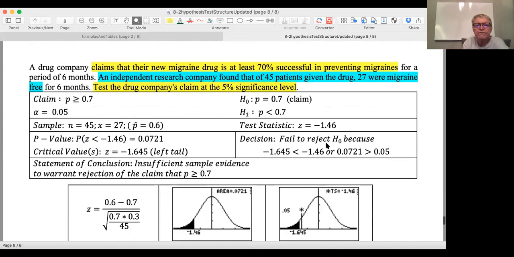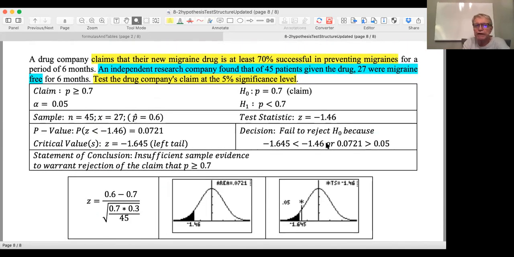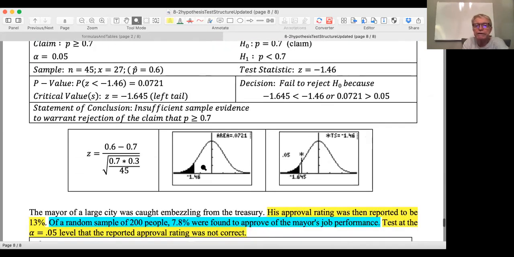All right, let's look at the fifth one. Let's see if I can get this one right. Again, claim includes equality, but we failed to reject. So what are we going to say? There's insufficient evidence. There is not sufficient evidence to warrant rejection of the claim. I got this one right. Okay, and we repeat the claim, P greater than or equal to 0.7.